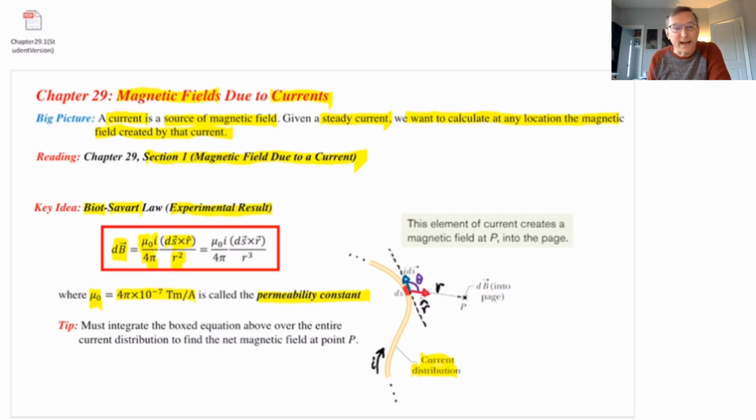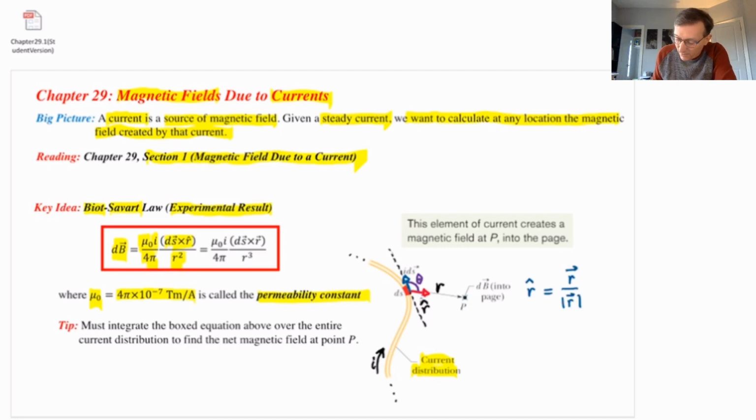Now let me just point out another way you'll see this result written. And it's based on the fact, I'll write this over here to the right, that the unit vector r hat can be expressed as a vector r arrow over the magnitude of r arrow.